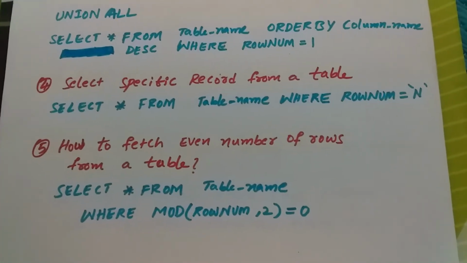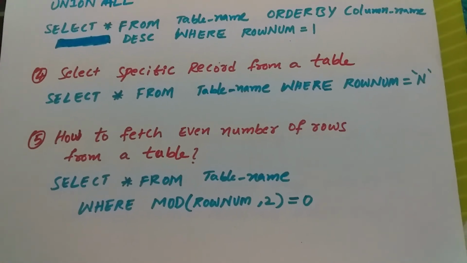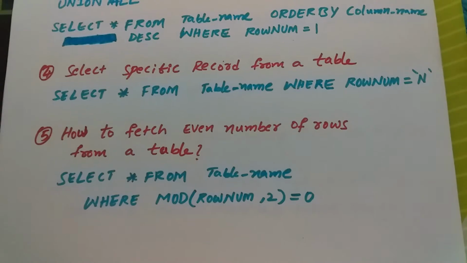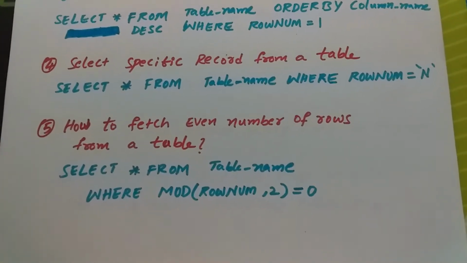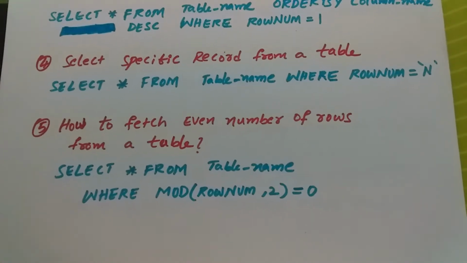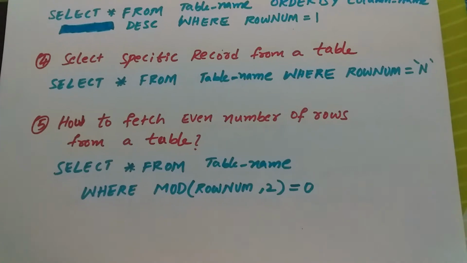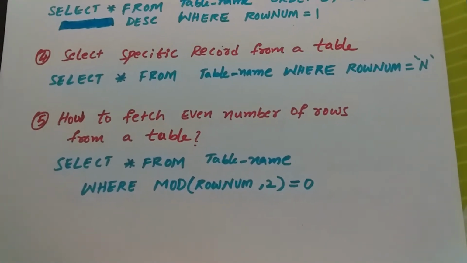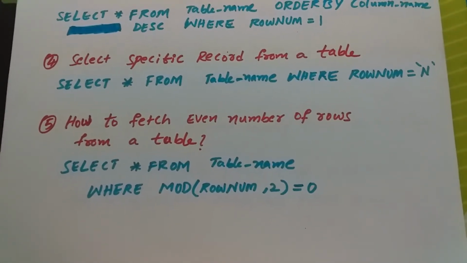Then query number 5: how to fetch even number of rows from a table. For this: select star from table_name where mod of rownum comma 2 equal to 0. Here I use the modulus function. The modulus function returns the remainder when divided by 2.